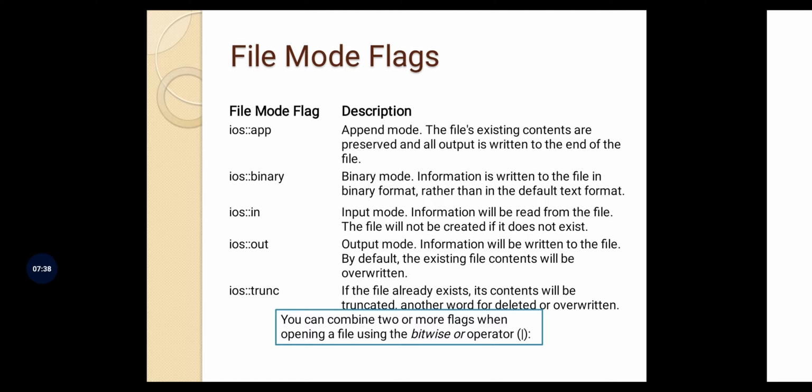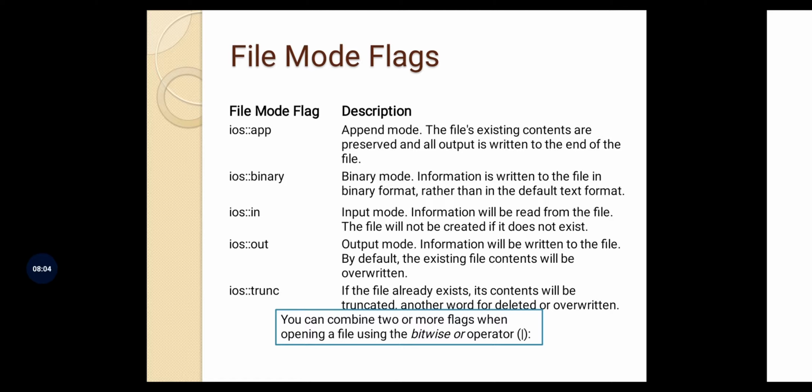All right. Now you can also use a combination of these modes, because the open member function or the constructor can take at the max only two arguments. The first argument is going to be the file name or the location of the file, and the second argument is going to be your mode. But if you want to use more than one mode, you can combine them using the bitwise operator.